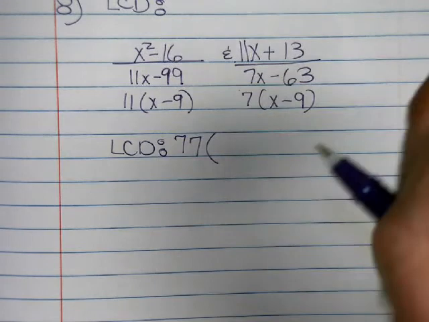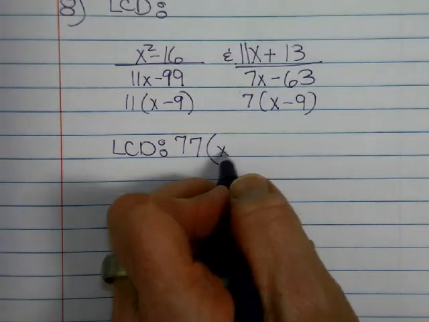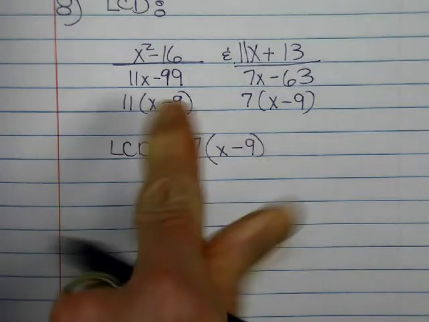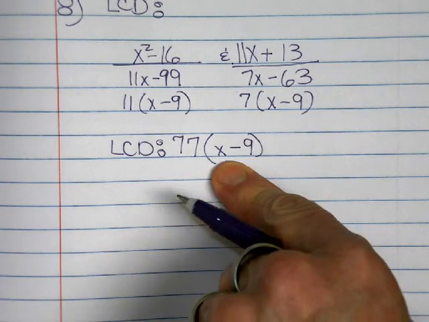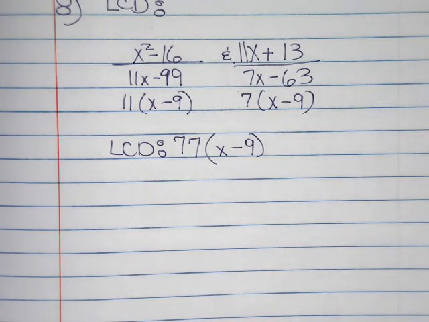Multiply, you know, 11 and 7 don't have anything in common, so it's just 11 times 7. And then since this shows up in both, I only have to write it once. Because it shows up once here and once here, so in common, I just need it once. For number 8.